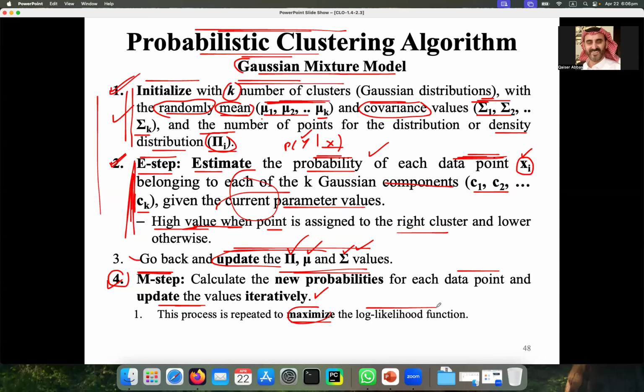That is the same reason here. So we will do this iteration because we want to maximize the probability. What kind of probability? Log probability. So here you don't have the log, but here you will use the log. That is the only difference between this step and that step.